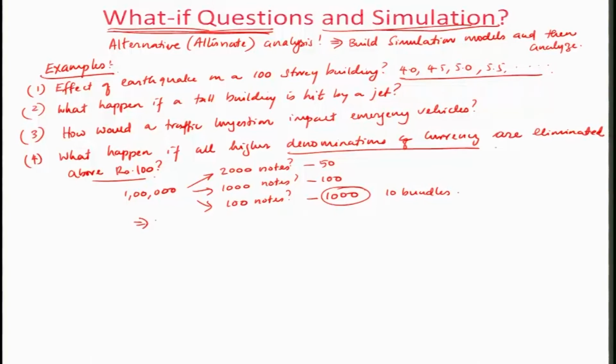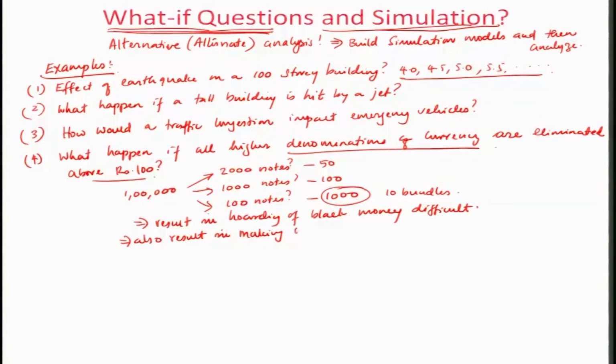It will make hoarding of black money difficult, but it will also result in making more ATM machines, because the number of notes that can be dispensed by an ATM machine will be less. So, you require more ATM machines for people to dispense that much amount of money.